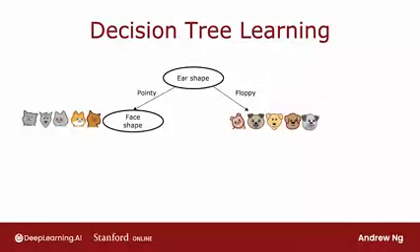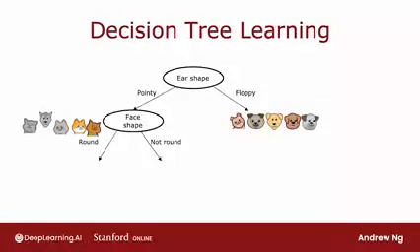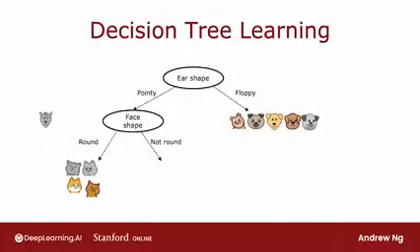What we'll do now is take these 5 examples and split them into 2 subsets based on their value of the face shape. So we'll take the 4 examples out of these 5 with a round face shape and move them down to the left, and the 1 example with a not round face shape and move it down to the right.